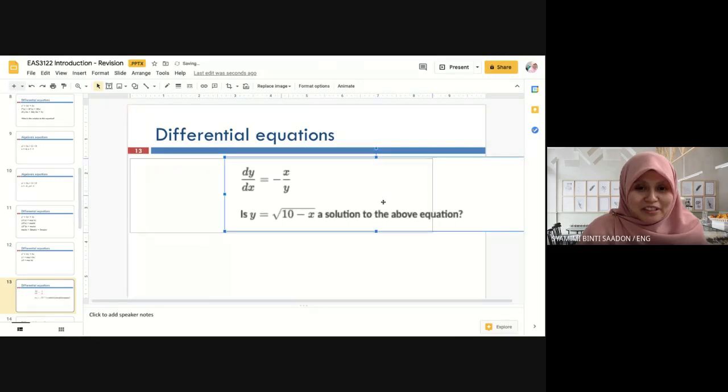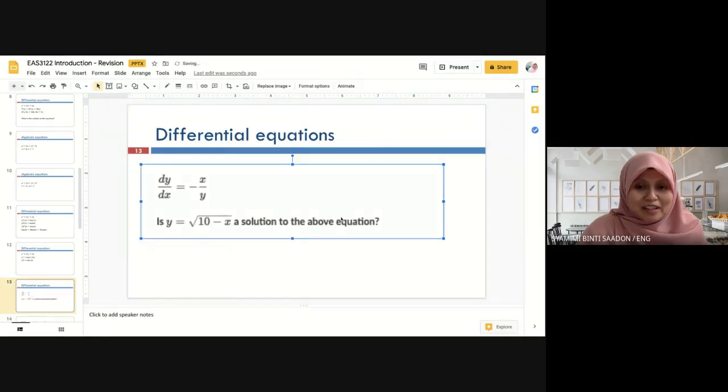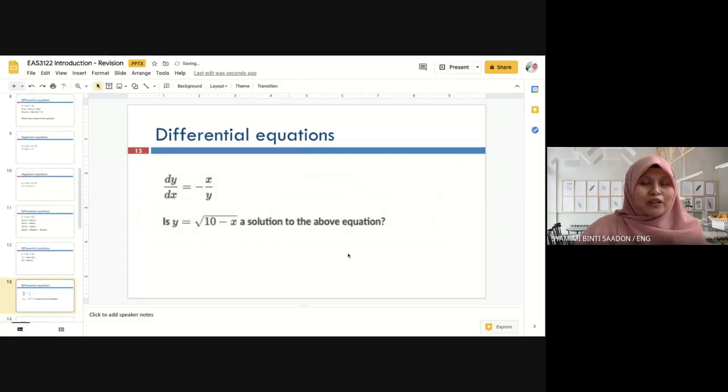Uish, besar sangat. Okay, but for this one you are not going to find the solution, we are just going to verify the solution. It is easier to verify than to find. So we have the differential equation dy/dx equals minus x over y.